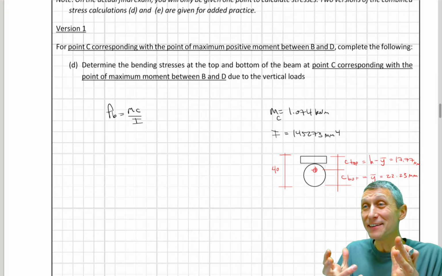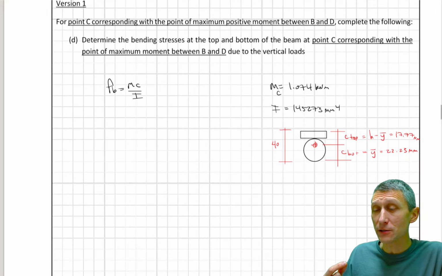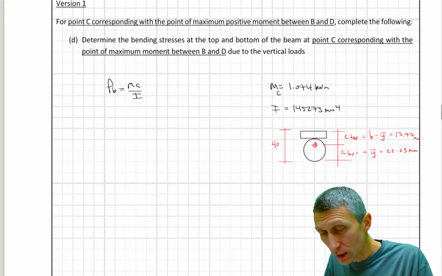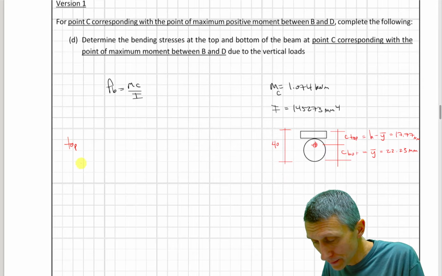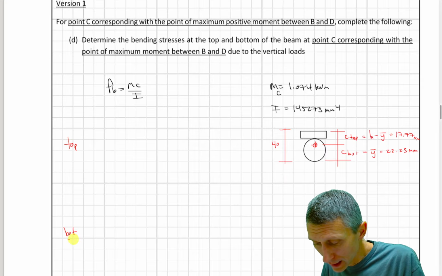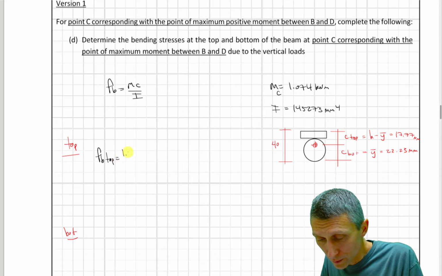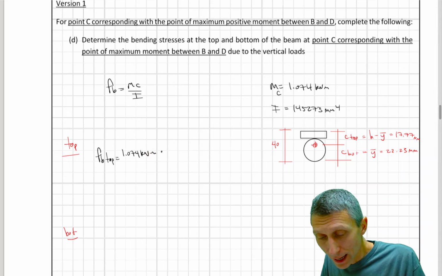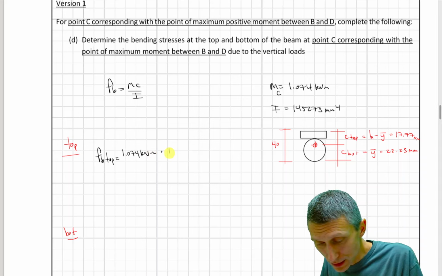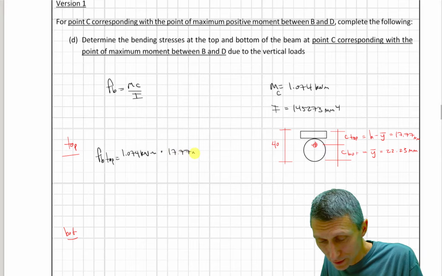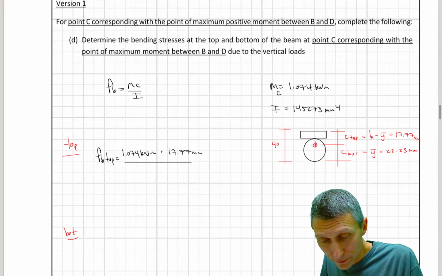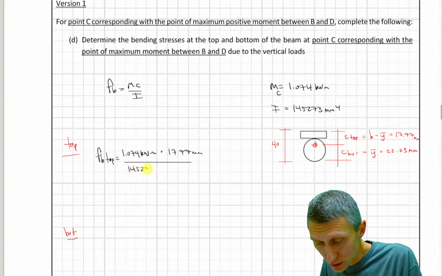Okay, that gives us these C values. Once we have that, we have the top and the bottom. Specifically, the FB for the top is going to equal 1.074 kilonewton meters times C top, which is 17.77 millimeters, divided by the moment of inertia, 145,273 millimeters to the fourth.